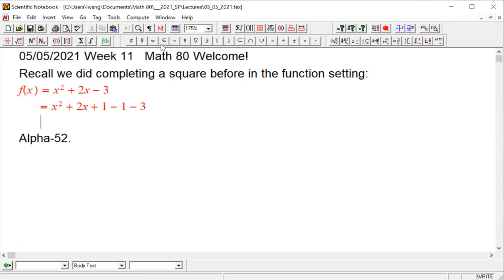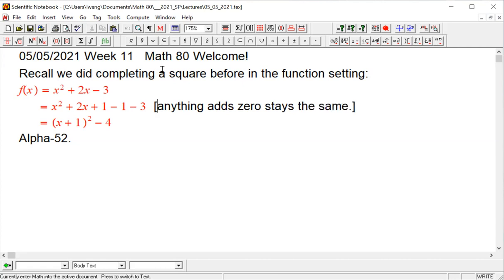So the principle we used, there is a principle number 2. Okay, anything add 0 stays the same.